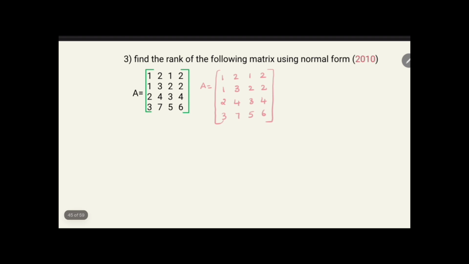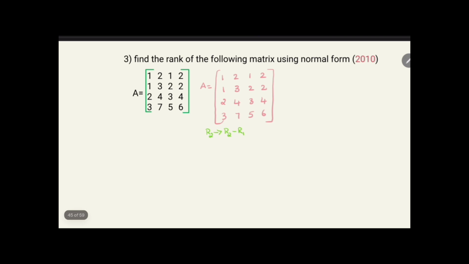R2 implies R2 minus R1. If I multiply R1 with 2 and subtract from R3, then it can be made 0. If I multiply R1 with 3 and subtract from R4, then this element can be made 0.